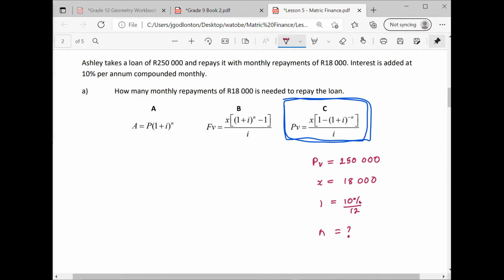And when you have an answer, please feel free to put that answer in the chat for me. Remember, my question is how many payments of 18,000 have been made? So just be careful with the wording of that.